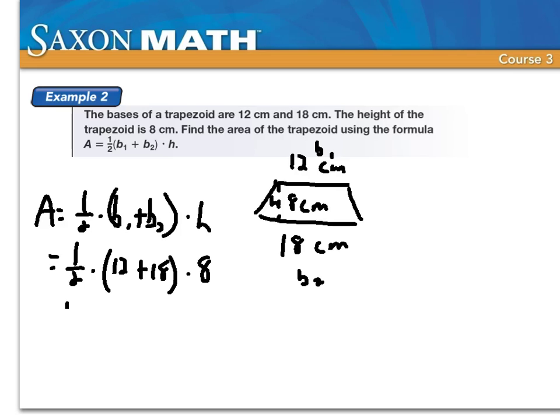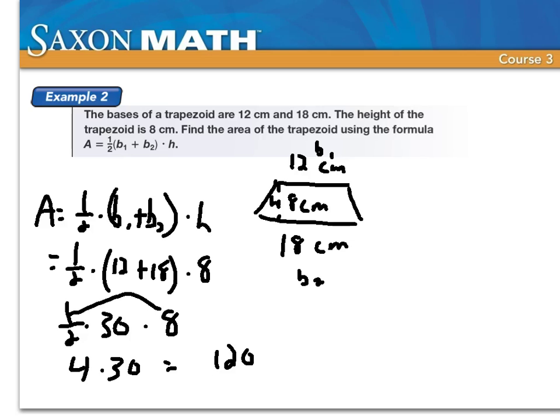Now we have 1/2 times 12 plus 18 is 30, times 8. We can multiply these in any order, so I'm going to multiply these two together first. 1/2 of 8 is 4, times 30. I'm doing that because it's easier mental math. Now I know 4 times 30 equals 120. And we're in centimeters squared because we're talking about area, so our label is always squared.